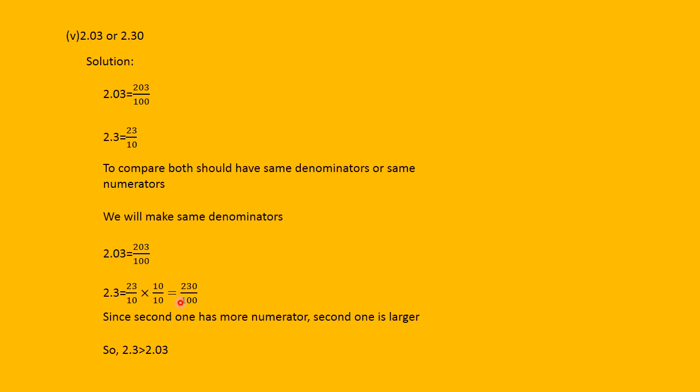Because the denominators are equal, whichever has the greater numerator will be the greater number. 203 is lesser than 230, so the second one is greater than the first one. So 2.3 is greater than 2.03.